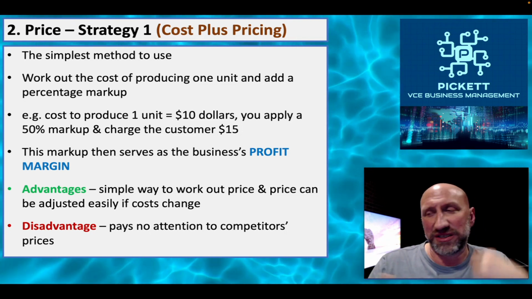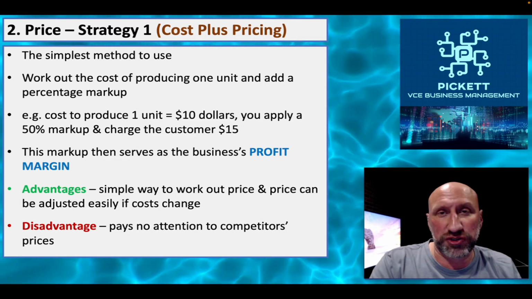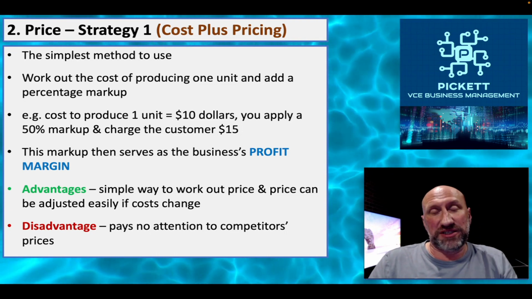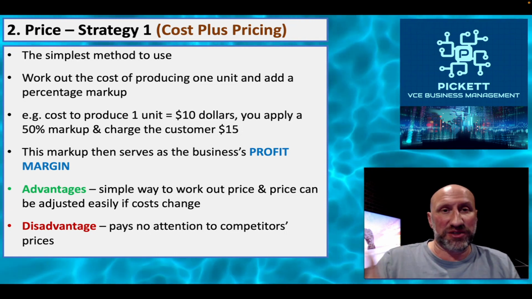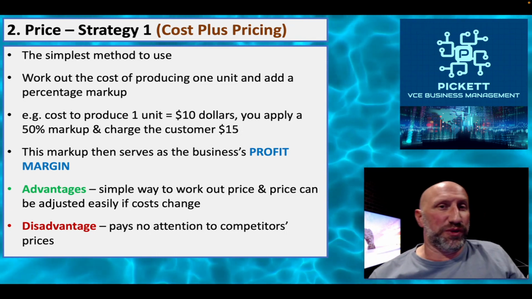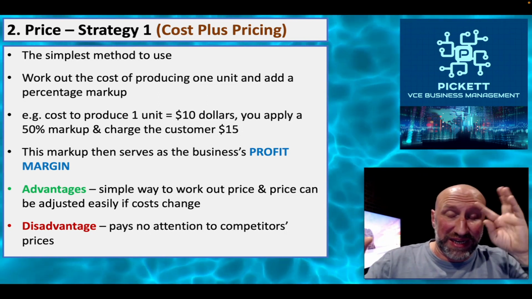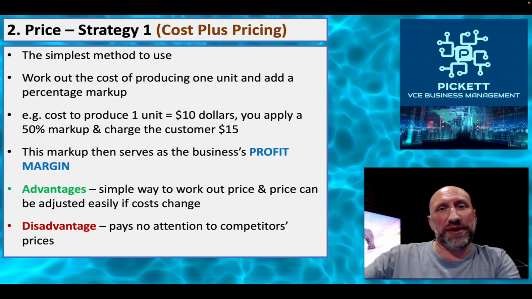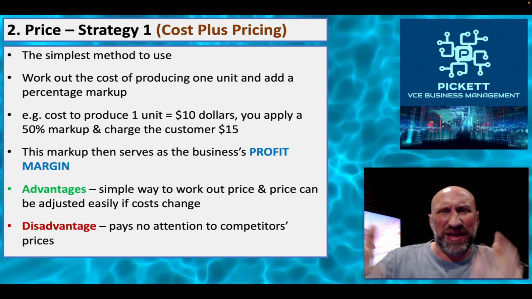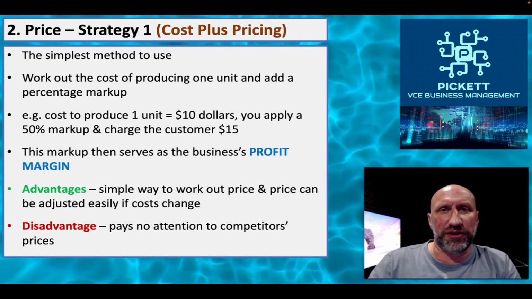So your trick is you need to find a way to produce it more cheaply, because it sounds like your competitors are producing more cheaply. That's the issue with this one. Although it's very simple, it doesn't take into account at all what other people are charging. And obviously that needs to be a factor when you're working out your pricing.